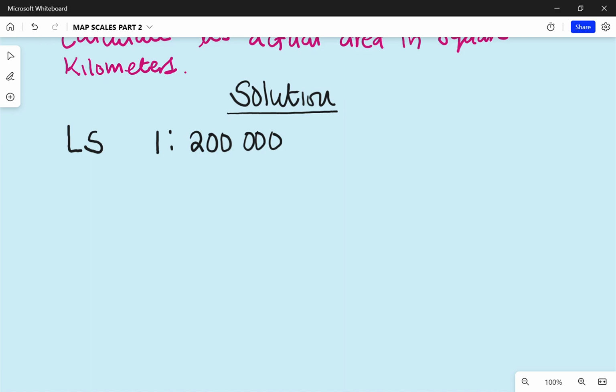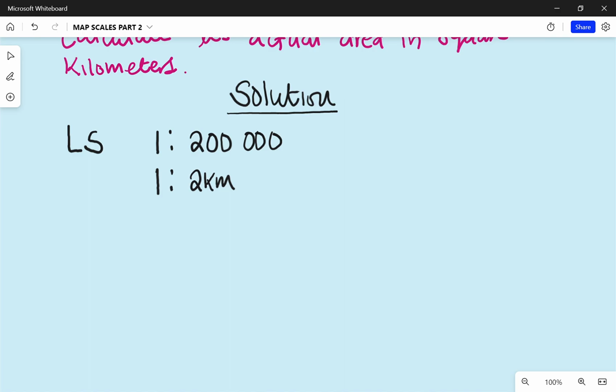I know that 100,000 centimeters is equal to 1 kilometer. So 200,000 centimeters is equivalent to 2 kilometers. This is my linear scale: 1 to 2 kilometers.